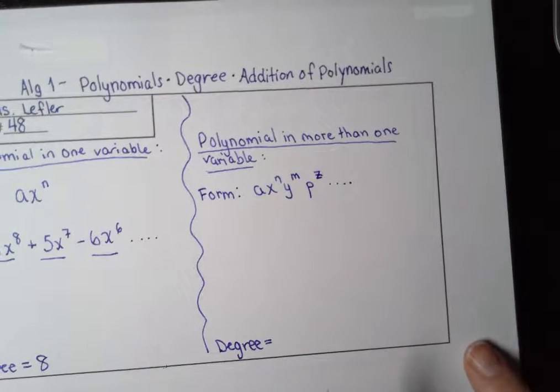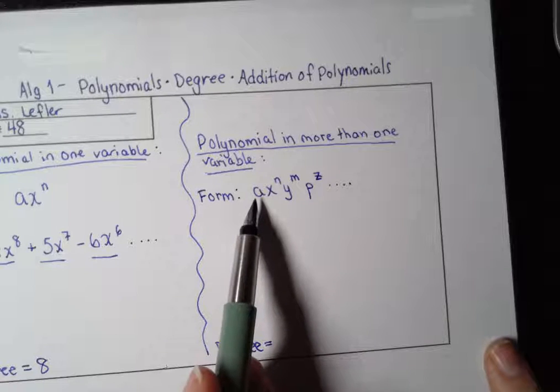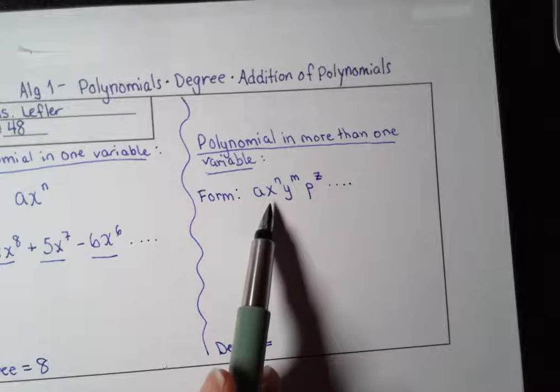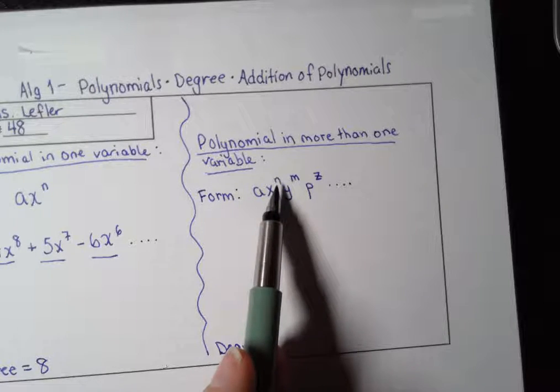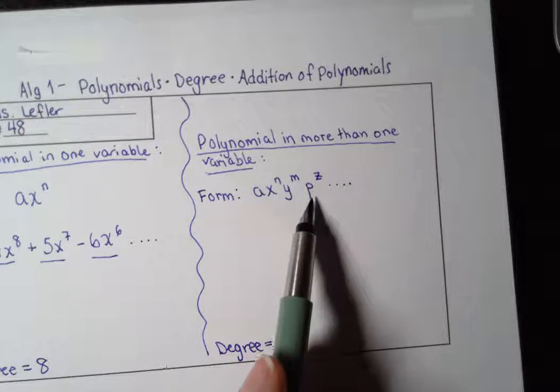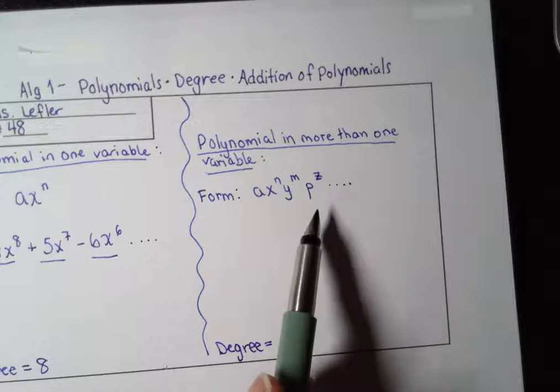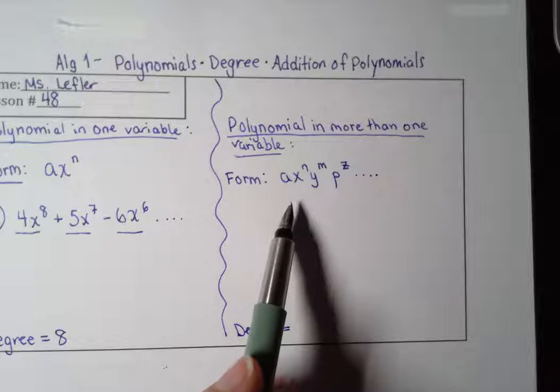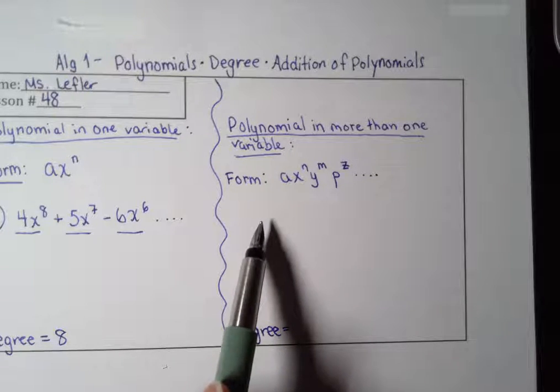In this case, we still have the coefficient a, the number that's being multiplied by the variables. And then we also have different variables. We have the variable x to a power, the variable y to a power, variable z to a power. And so that could be a polynomial all by itself, or it could have more than one term.